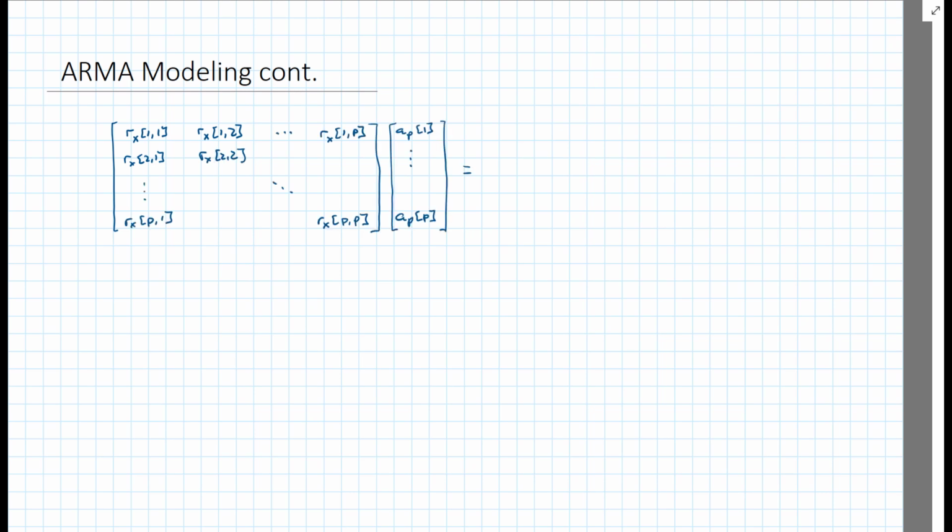So the equation from the previous page is actually a system of equations, because we're solving for all these different values of A, or a_P of 1 through a_P of P. It can be written as a matrix equation like this. Remember, we had this negative sign that we want to carry through. Since I didn't write it in the matrix itself, it might be easy to miss.